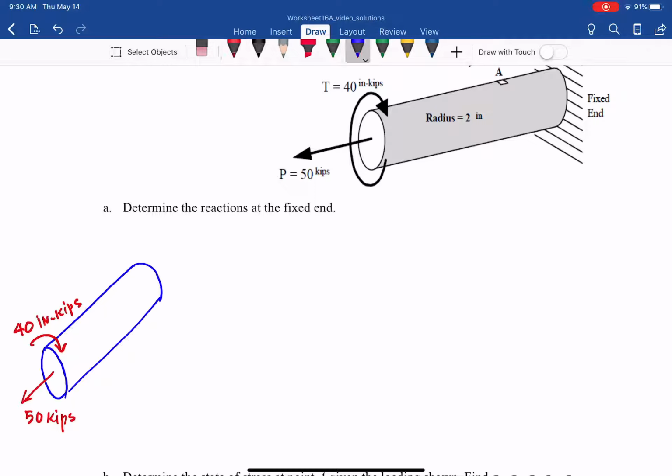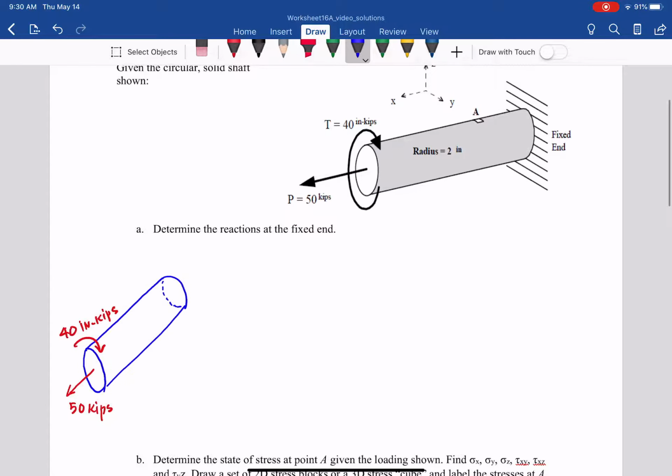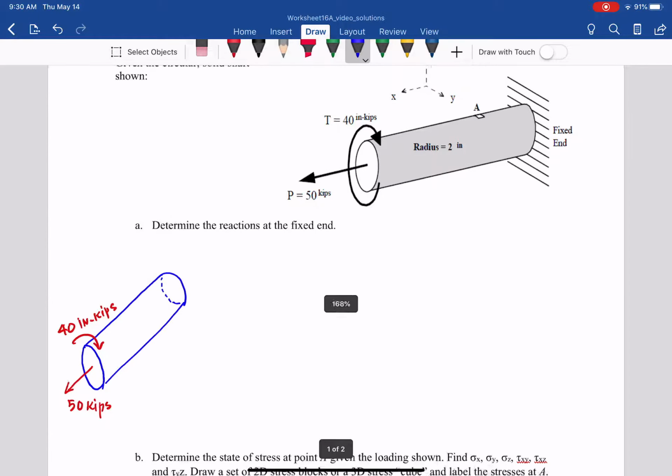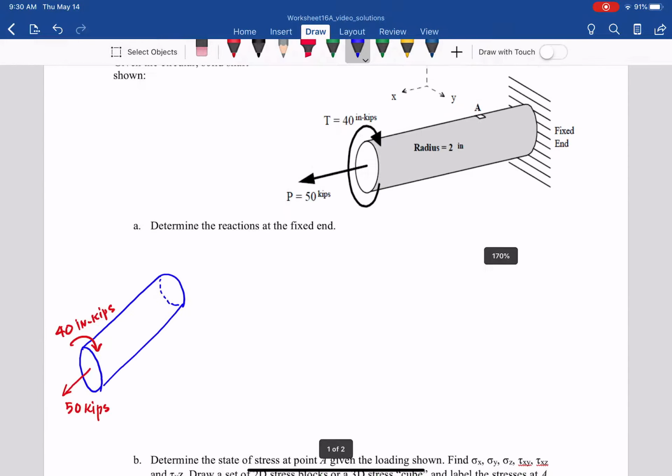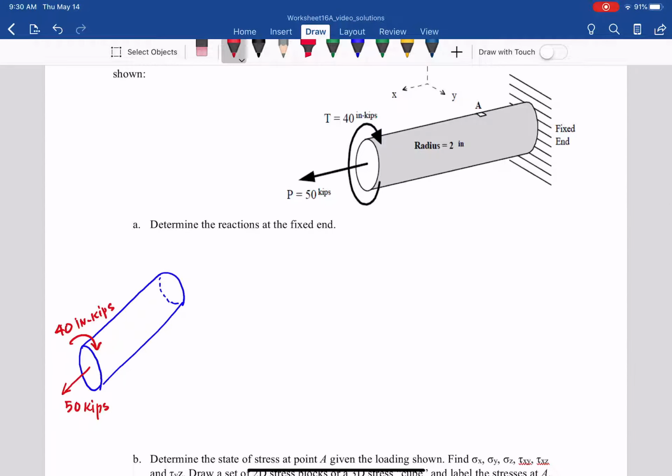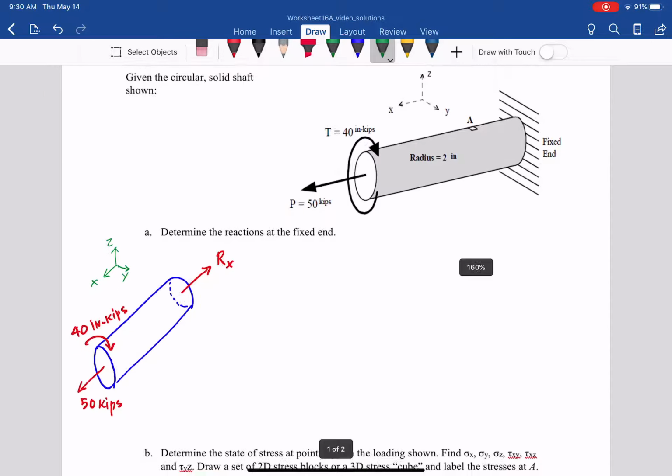For a fixed support in 3D there are 6 unknowns, with the XYZ axes as defined in the problem.